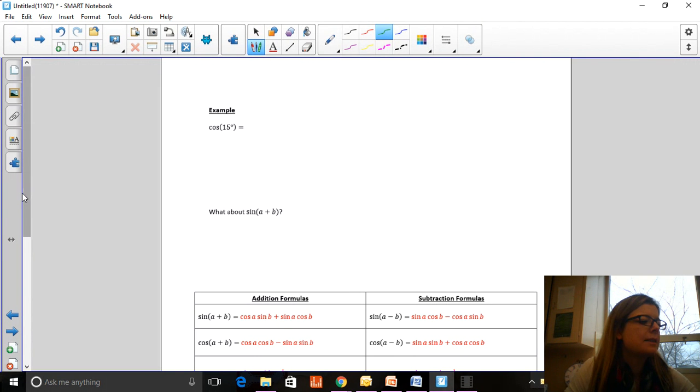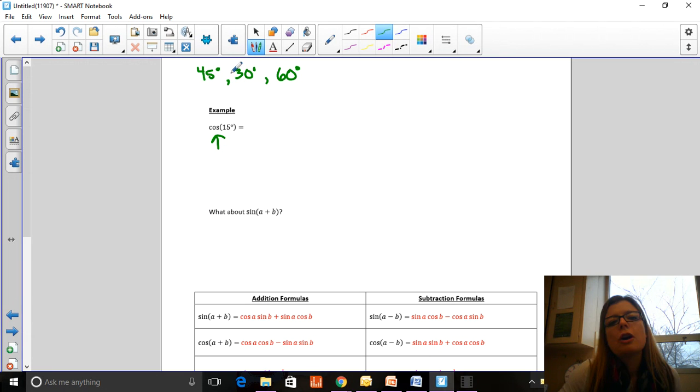Well, the issue is that we want to be able to come up with exact values. So right now, we only know how to find the exact values when things have 45 degrees, that's from a special triangle. 30 degrees is from a special triangle, and 60 degrees is from a special triangle.